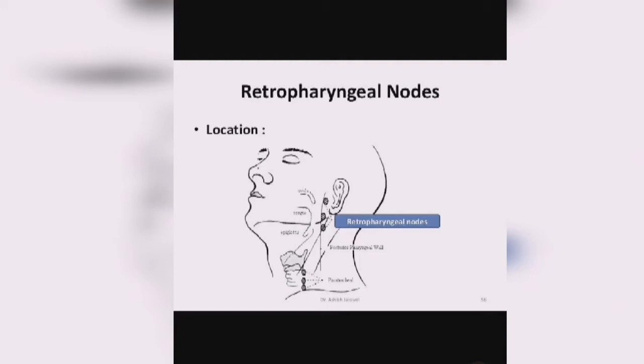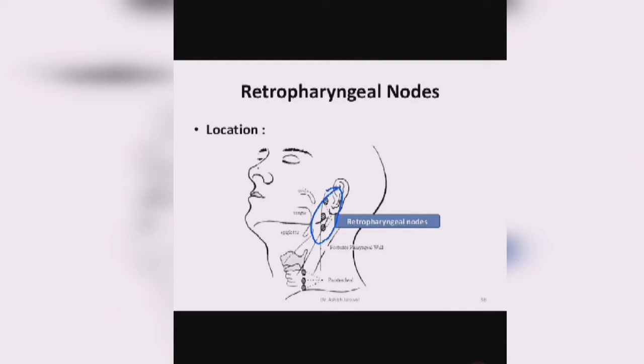Now you can see here the retropharyngeal lymph nodes. These lymph nodes can undergo suppuration, secondary to infection in the adenoids, the nasopharynx, the posterior nasal sinuses or the nasal cavity.